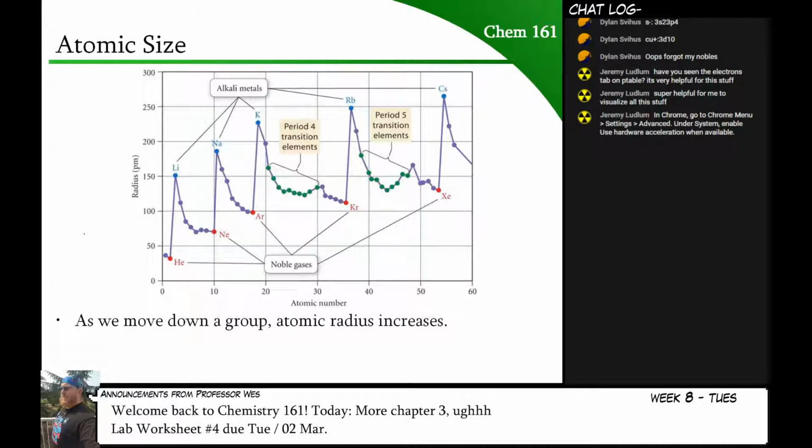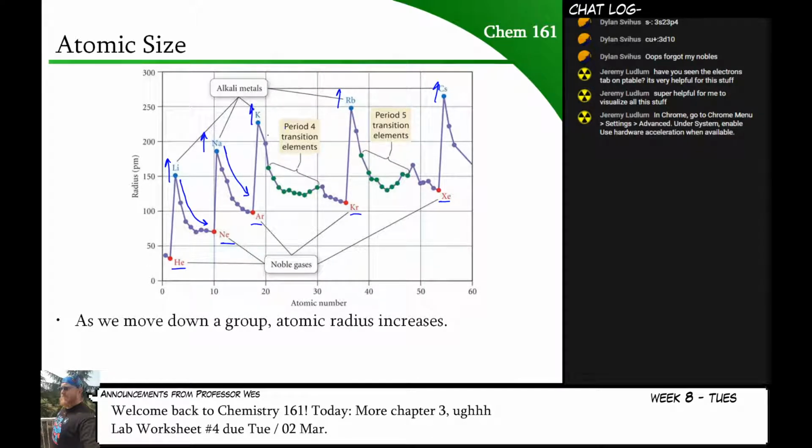And as you'll notice, every time I go to a new row, so here are my noble gases. These are the end of a row. When I go to the next period, I go whoop, I jump up in size. And then after that, I rather quickly decrease in size before jumping up again.